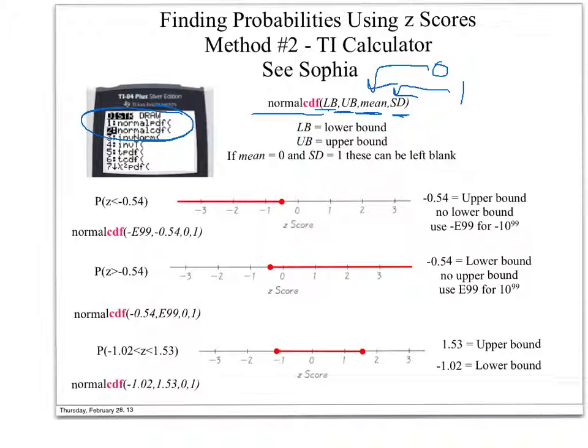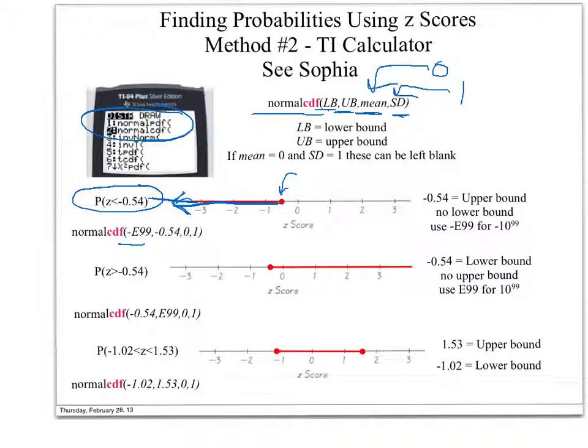So let's look at the first example, the probability that z is less than negative 0.54. Well, if you look at this number line that I've drawn, you see where negative 0.54 is, and the numbers less than negative 0.54 extend infinitely to the left. So you have to kind of fool the calculator into using a very large negative number for your left bound. The way to do that is to use negative E99.